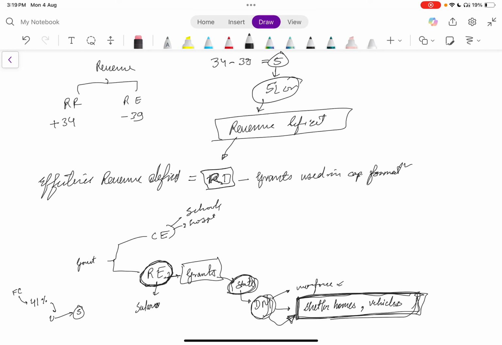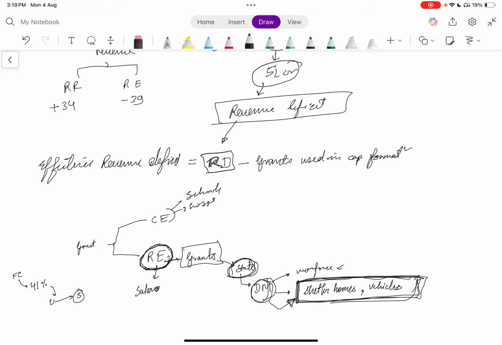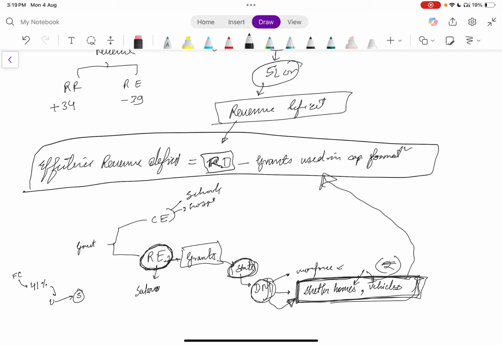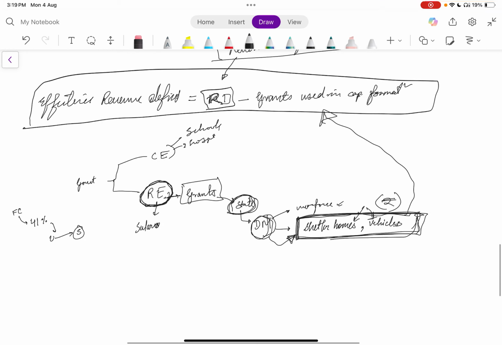From this revenue deficit, we will subtract this money because it is of capital expenditure nature and will fetch us fruits in future. Whatever amount of money is spent on making shelter homes and acquiring these vehicles will be deducted from the revenue deficit, and this will give us our effective revenue deficit.